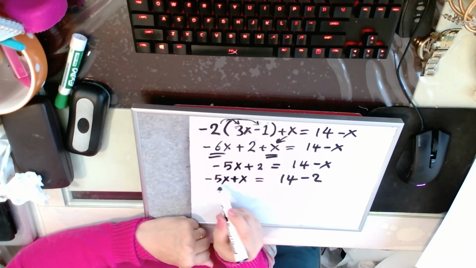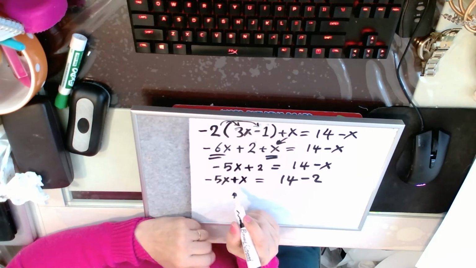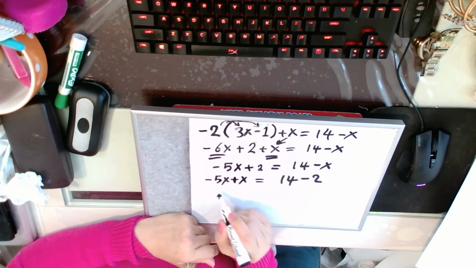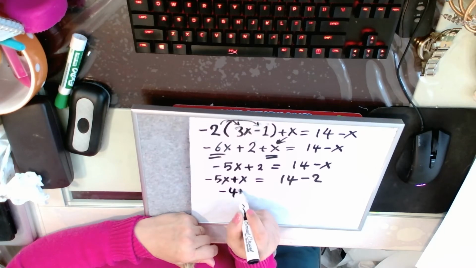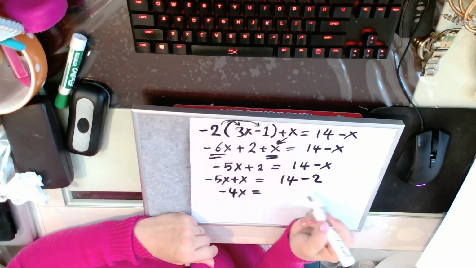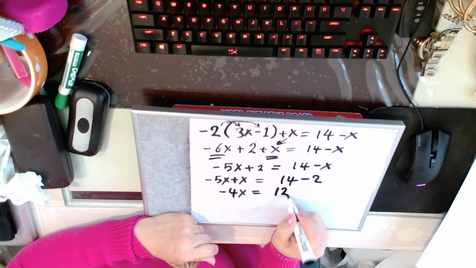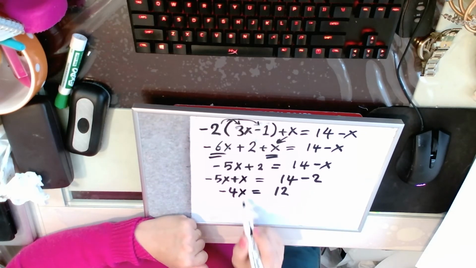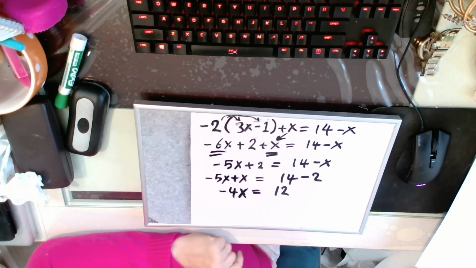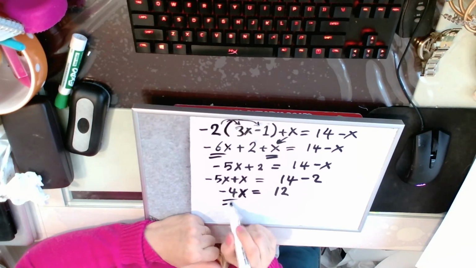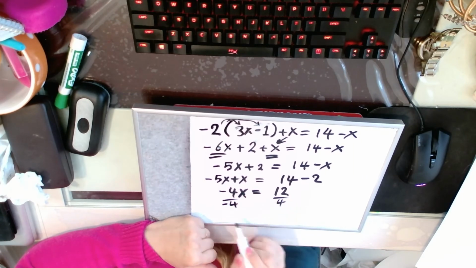Okay, so minus 5 plus 1 is minus 4. X equals 14 minus 2 is 12. We need the value of x, so just divide both sides by minus 4. Easy.